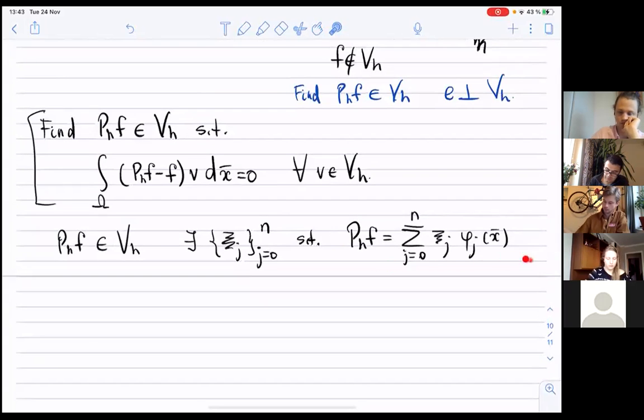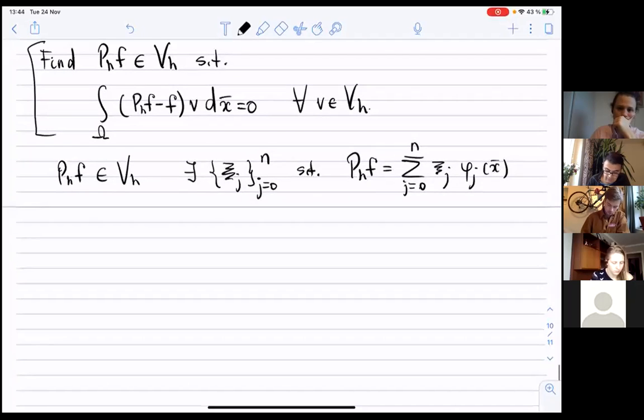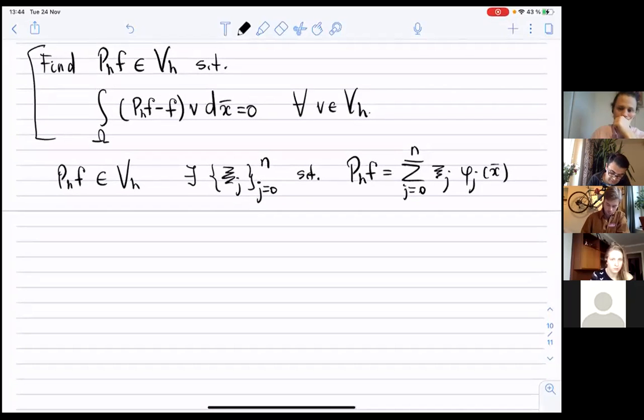So we put this into the weak formulation here, and we notice that f is a given function. We just move it to the right hand side. Also, since this formulation is true for any v from the finite element space, we can of course choose v to be phi_i, one of the basis functions, and we get the following linear system of equations.